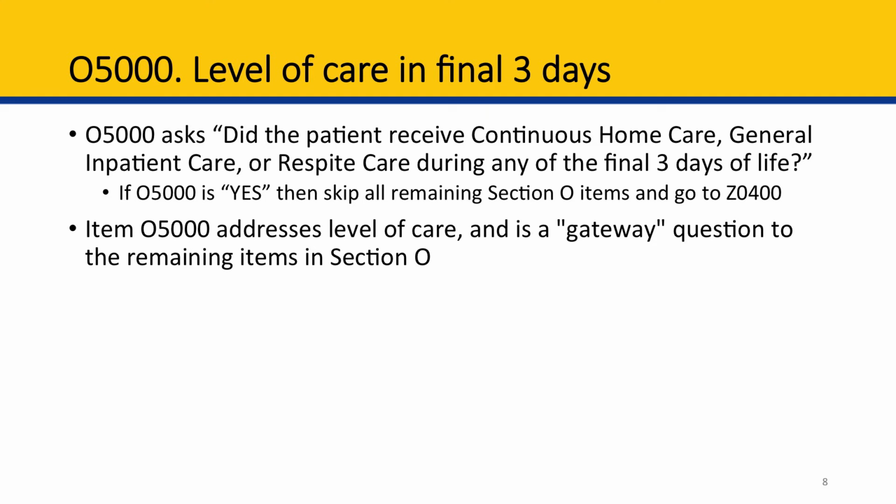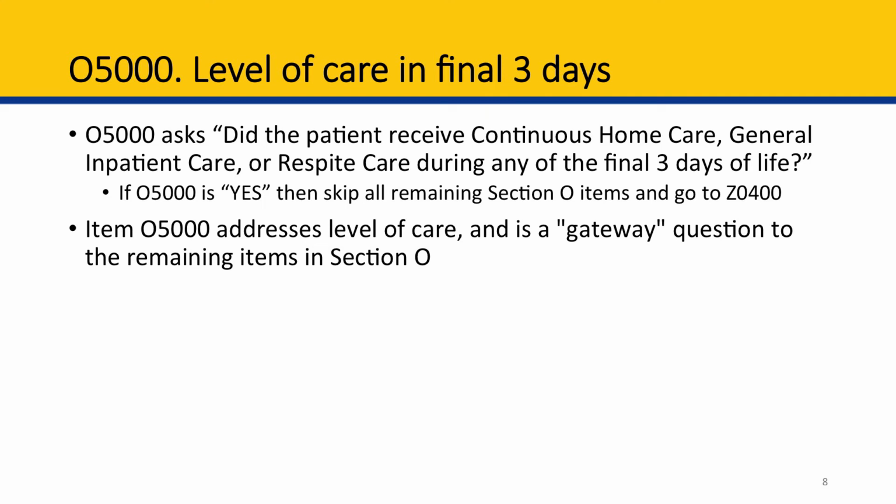With that general guidance under our belts, let's look now at each Section O item individually, starting with O5000. O5000 captures the level of care the patient received in the final 3 days of life and is essentially asking you whether the patient received a level of care other than routine home care.